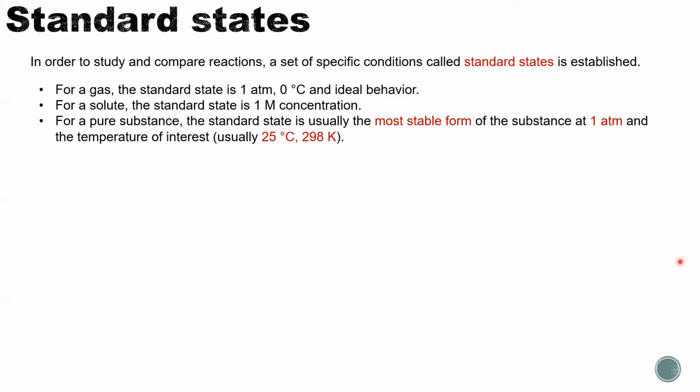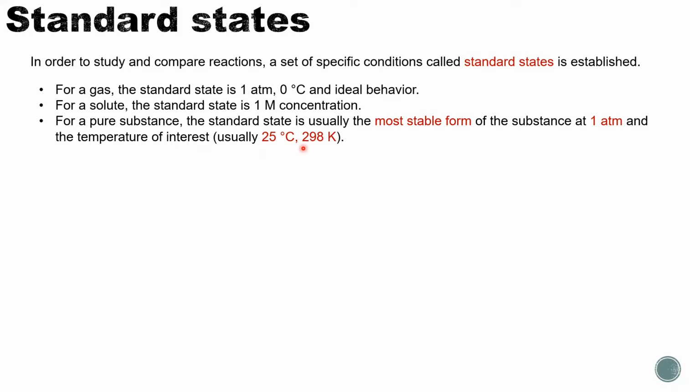For a pure substance, the situation may be a little more complicated. The standard state is usually the most stable form of a substance at 1 atm, and the temperature of interest, usually 25 degrees Celsius, room temperature, or 298 Kelvin.